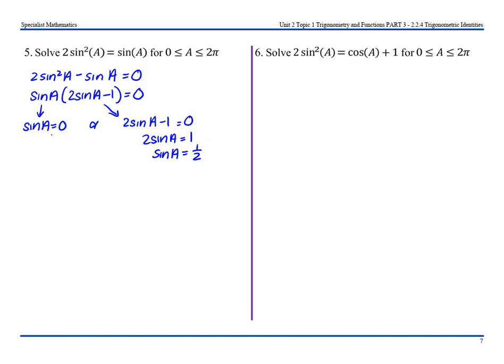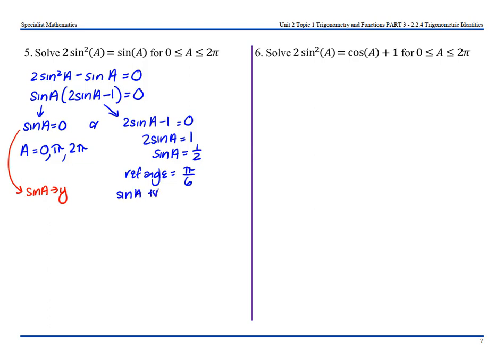If sine a equals 0, remembering that sine is my y coordinate, a is going to be at 0, pi, and 2 pi. Okay, remembering that sine a is y. For sine a equals a half, our reference angle is going to be pi on 6.